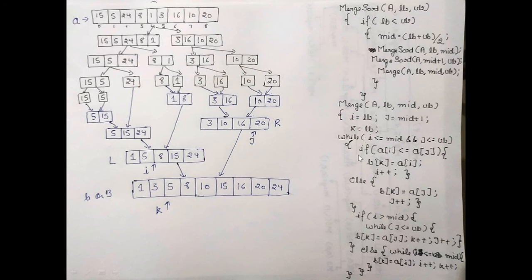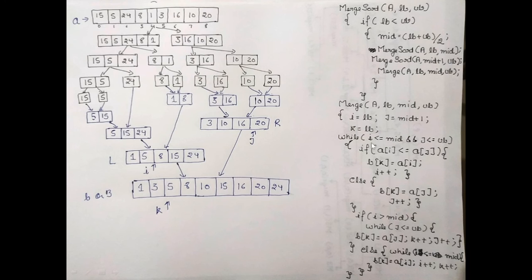Now inside the while block, we have an if statement first, a conditional statement, where we check if a of i is less than or equal to a of j. You can see that the only array we are dealing with is a. a of i points to 15, and j points to element 5.